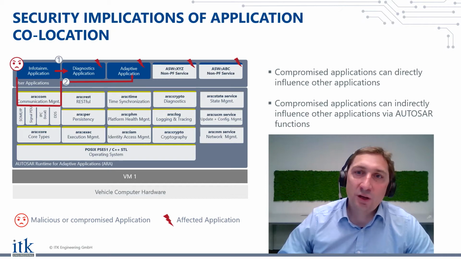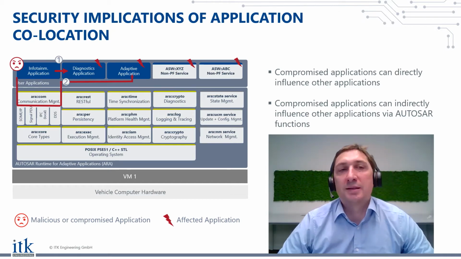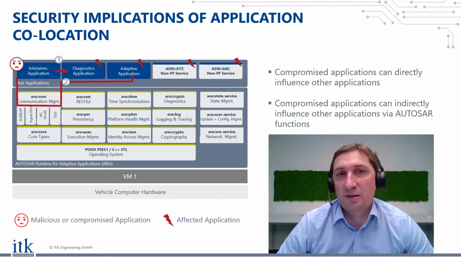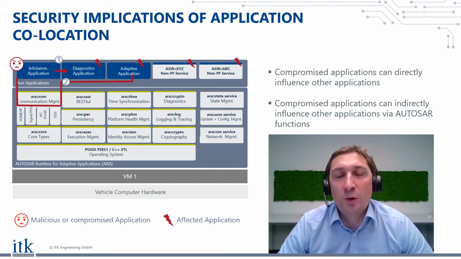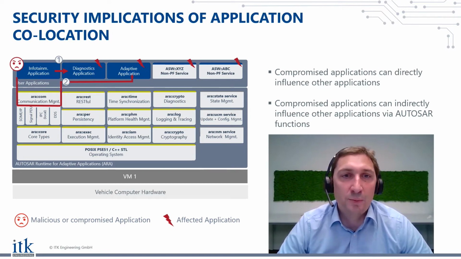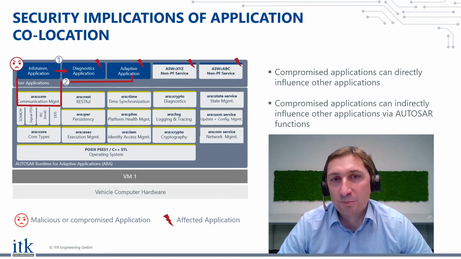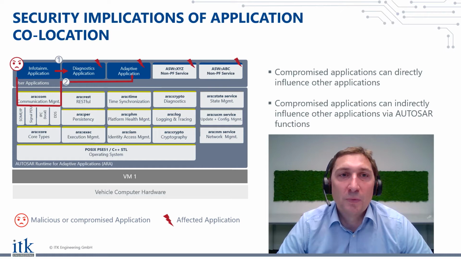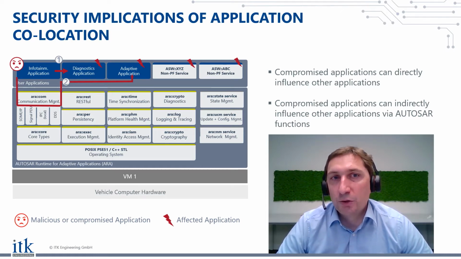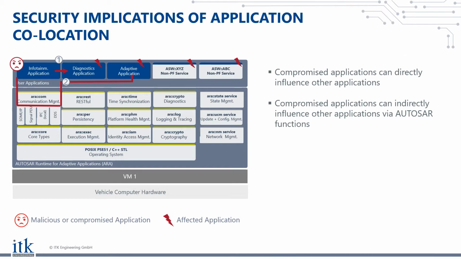Additionally, the stack itself provides some functionality. That's the idea of the adaptive platform: you have communication management, platform health management, and some other services that can be added flexibly. The attacker can misuse those interfaces as well to disturb the functionality of your ECU.